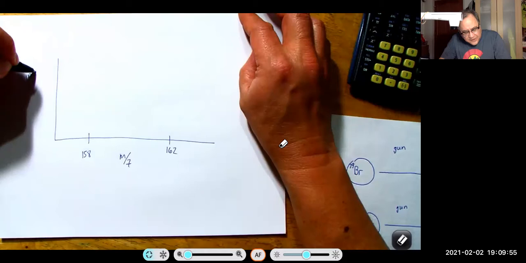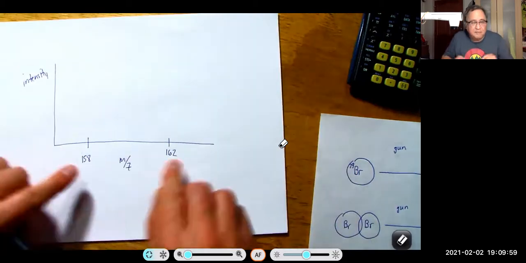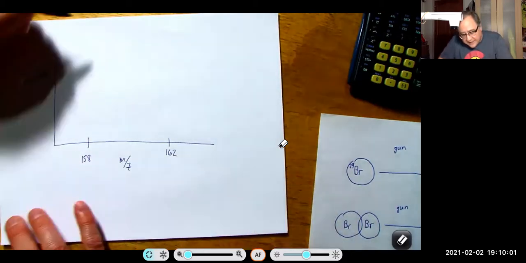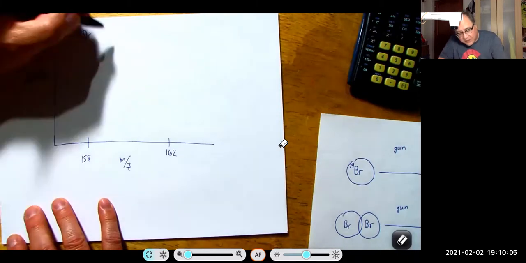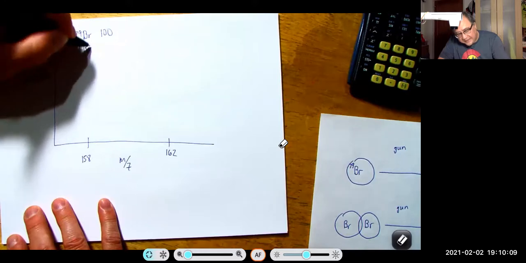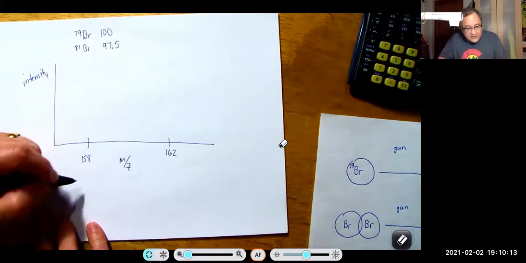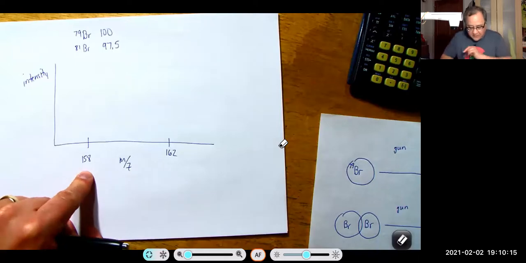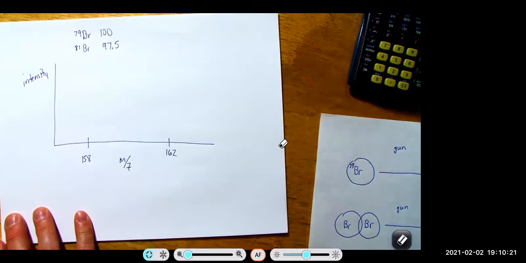If nothing else, how about the intensity? Which of these is going to be bigger when we know that bromine 79 is a 100 and bromine 81 is a 97.5? Which pair will be bigger, 79-79 or 81-81? 79.